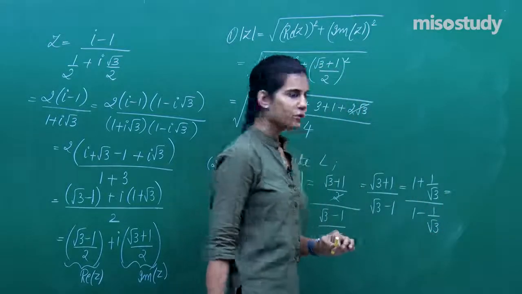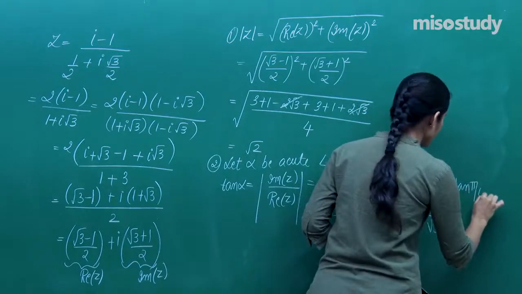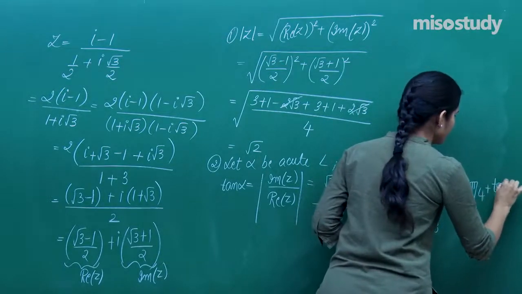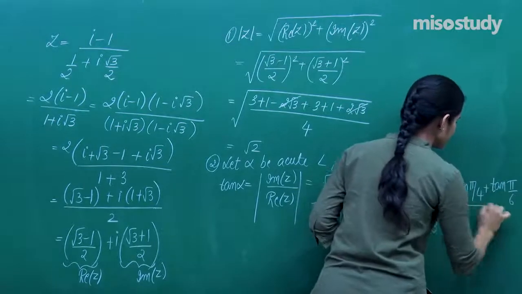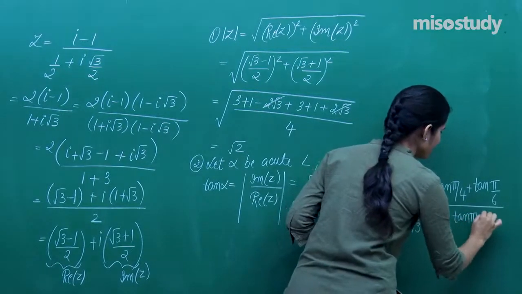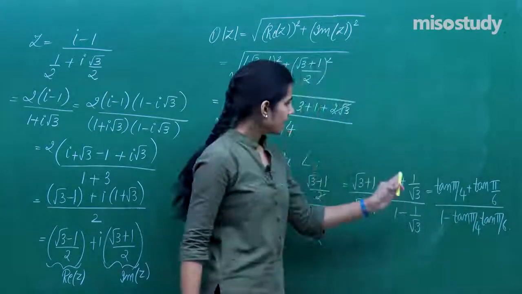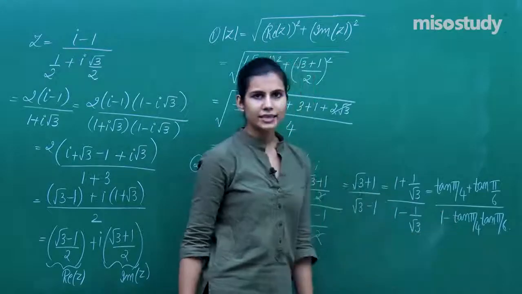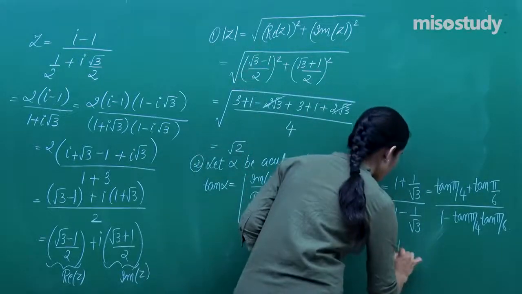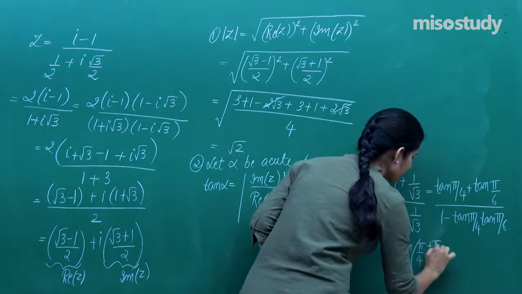Now see how beautifully we try to convert it into the tangent format. 1 can be written as tan pi by 4, 1 by root 3 can be written as tan pi by 6. So we have tan pi by 4 plus tan pi by 6 upon 1 minus tan pi by 4 tan pi by 6. Tan A plus tan B upon 1 minus tan A tan B is tan of A plus B. So it is tan of pi by 4 plus pi by 6.